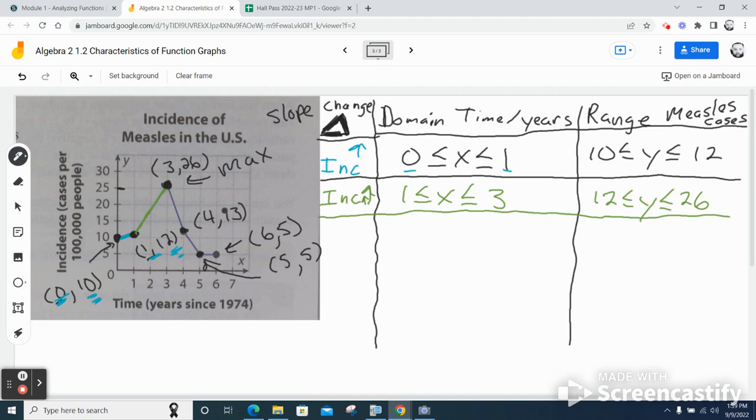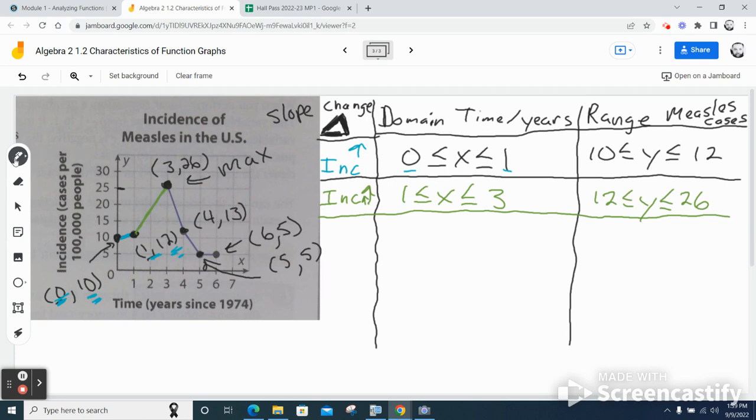When was there a maximum number of incidents? What year was that? 3 years after 1974, right? Which would be 1977. And if you remember when I read the textbook, it said it peaked at 1977. Okay? That's important.